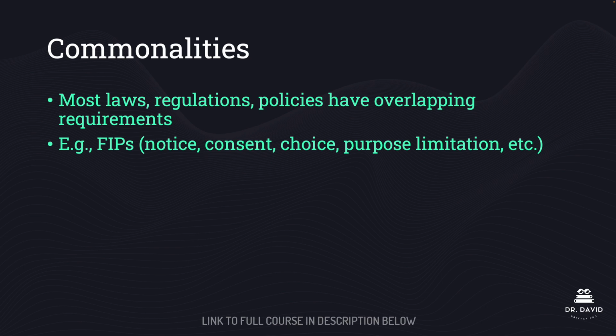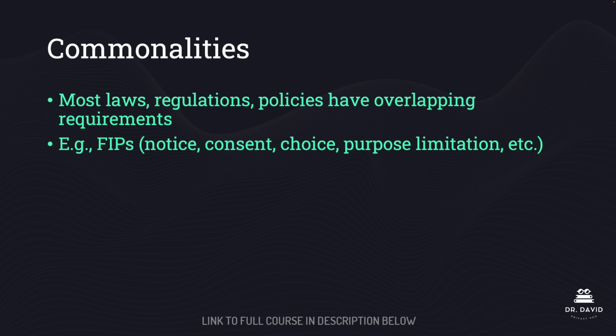Now, as you'll remember again from the second half of Domain 1, we saw that there are many laws, regulations, and policies that have overlapping requirements. And many of those requirements are going to originate from the FIPs, again, the Fair Information Practices or the Fair Information Practice Principles. And some of those requirements are notice, for example.